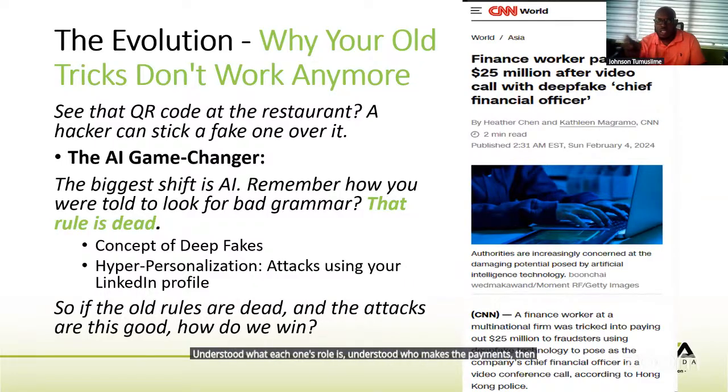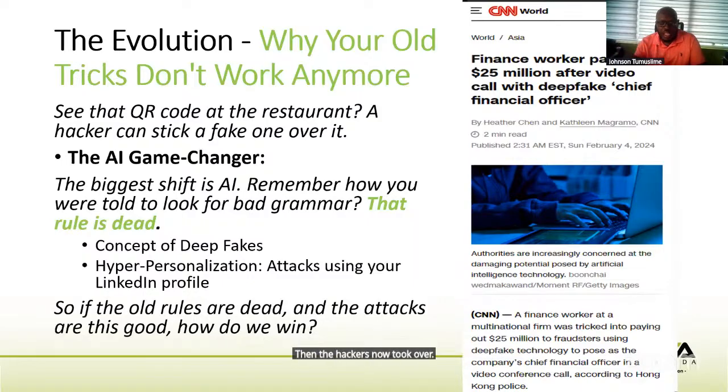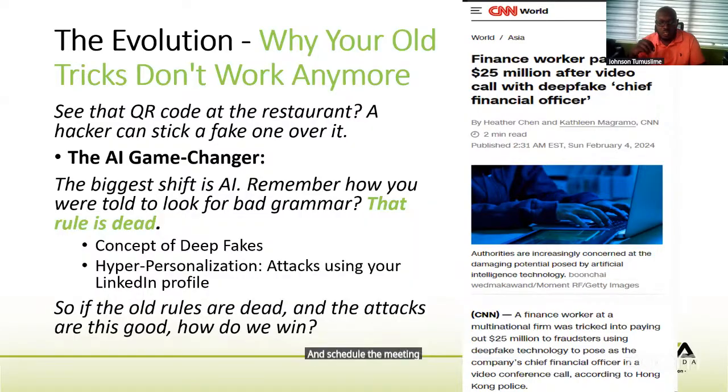Then, during the exchange of some sort of transaction or deal, at the point when the payment was supposed to be made, the hackers took over the account of maybe the chief finance officer, and then initiated different links of different meetings with this particular finance worker and scheduled a meeting where a decision was made and money was paid out to a wrong account.